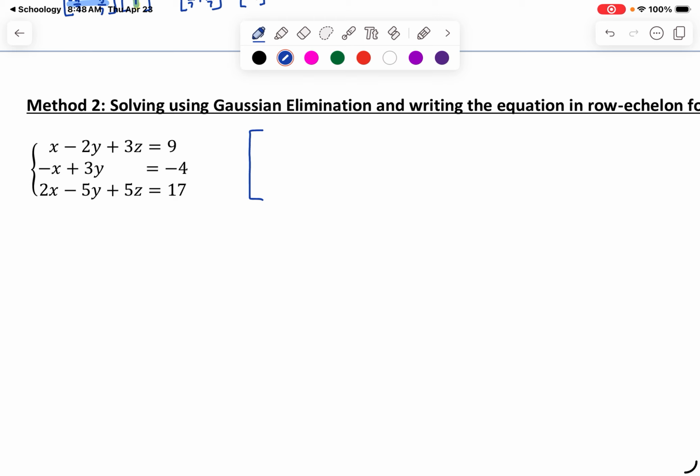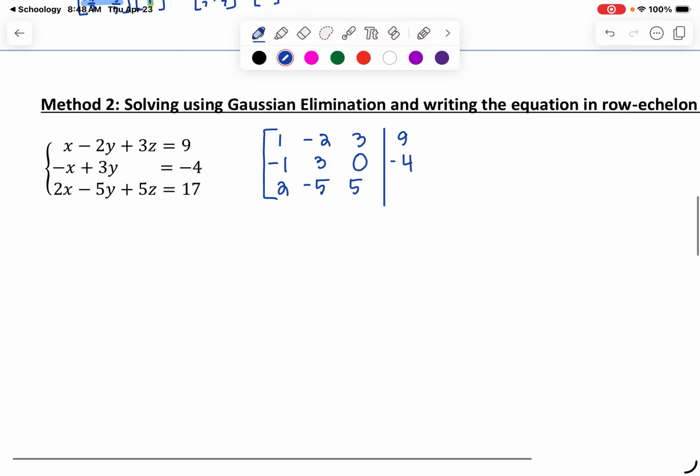So this is going to be a 3 by 4. 1, -2, 3. I like to put a line right here to separate my solutions. 9, -1, 3, 0 z's, -4. 2, -5, 5, 17.